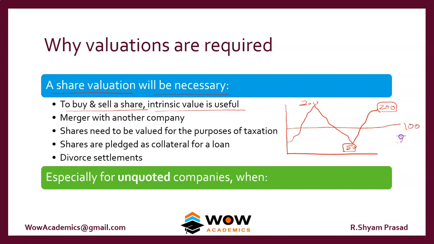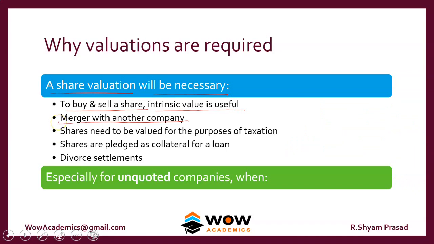So anytime it is below 100 you can buy, and anytime it is above 100 you have to sell. So buy and sell are predominantly dependent upon the intrinsic value. To find that intrinsic value, we have to do valuation. So valuation becomes very important.